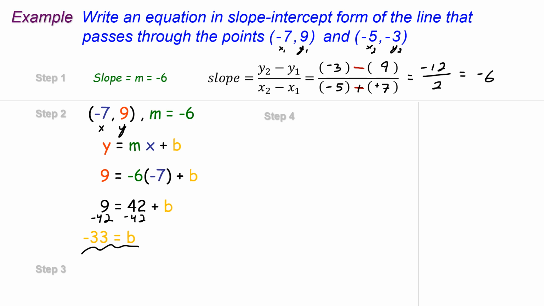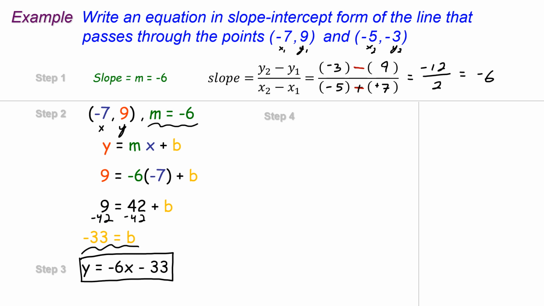Okay, it's important, but it's not the final answer. We have to take the y-intercept and we have to take the slope, and we write our answer. So that's my final answer. y equals -6x minus 33.